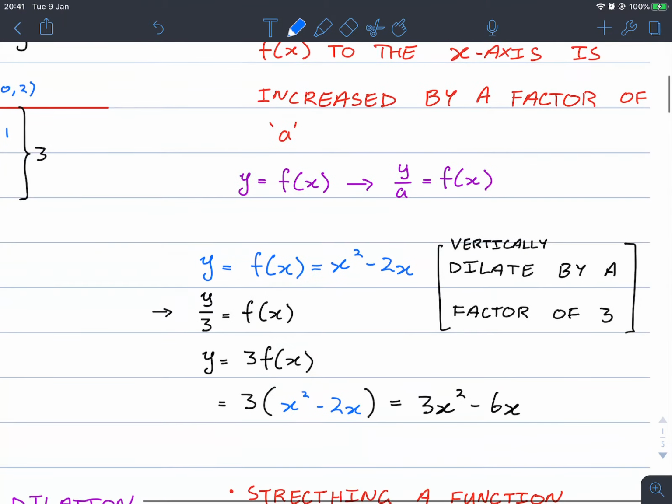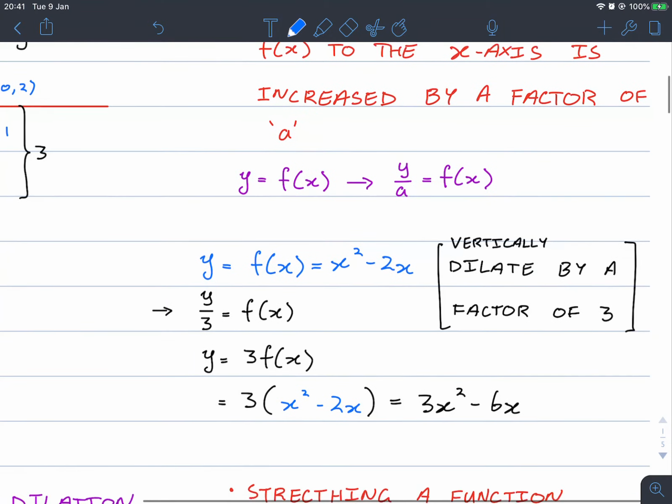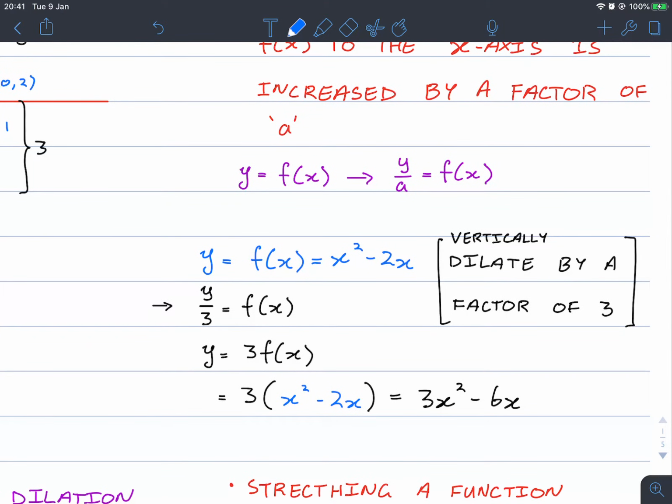So let's show this using the function. We have the function f of x equals x squared minus 2x. If we want to vertically dilate it by a factor of 3, we replace y with y over 3, and we evaluate it until it becomes y equals.